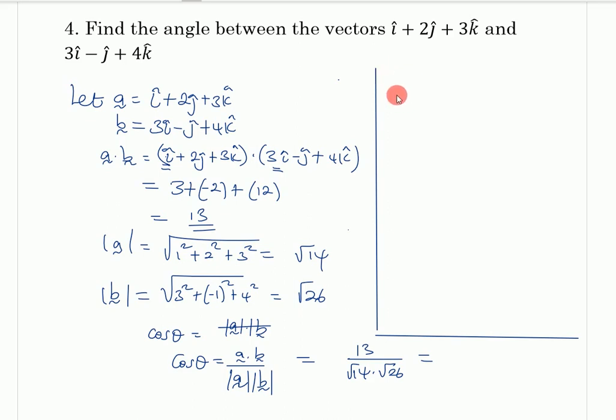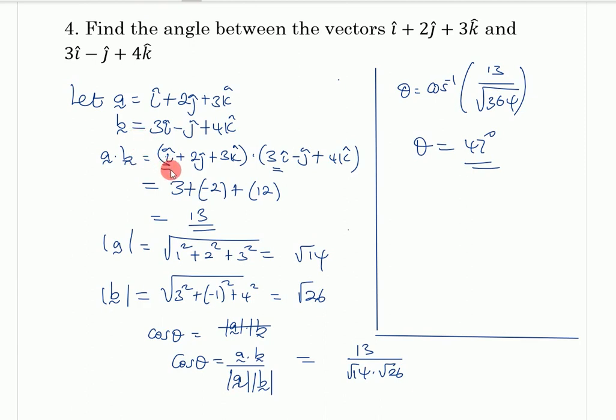So you can say that theta is equal to cos inverse of 13 divided by the square root of 14 times 26, which is 364. And theta itself, if I work that out, I get 47 degrees. That is the angle between the given vectors.